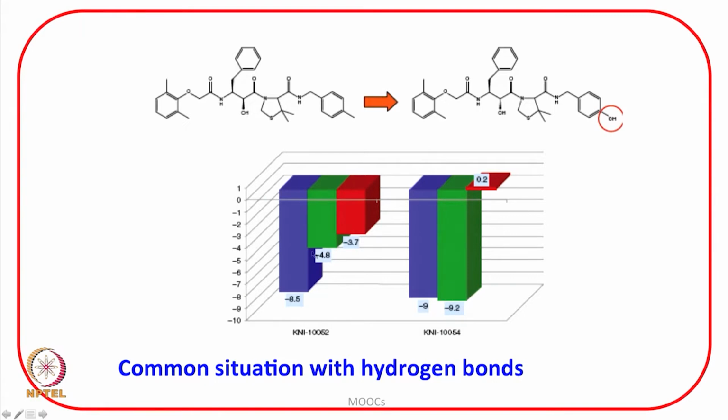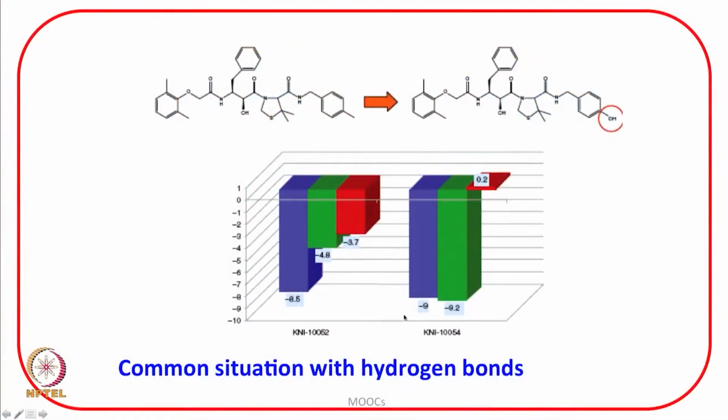However, if you see what has happened to enthalpy, a large change, minus 4.8 kilocalorie per mole to minus 9.2 kilocalorie per mole, almost doubling the exothermic character of the binding. And if you take a look at the entropy, minus 3.7, actually it is changing to 0.2.